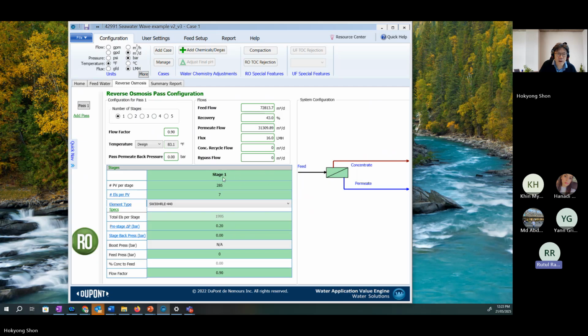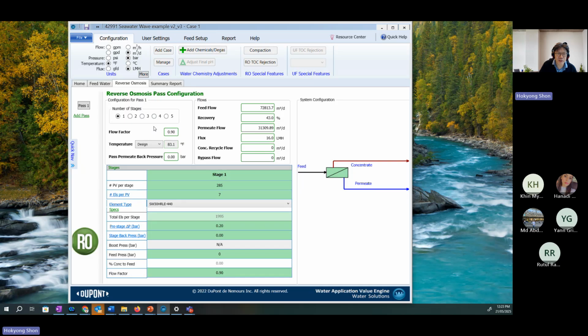And sir, in terms of stages, we have to make a two-pass system. What should be the stages in each pass? I prefer to have two stages because you want seawater desalination and the recovery is relatively high, so you need to increase the stage.